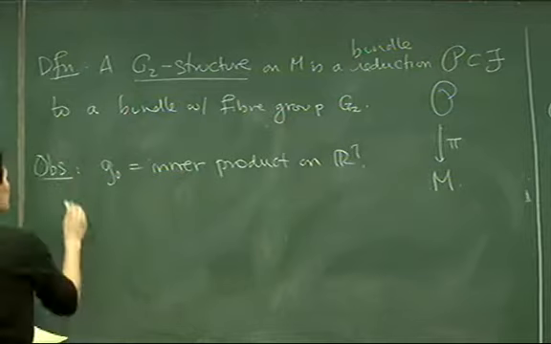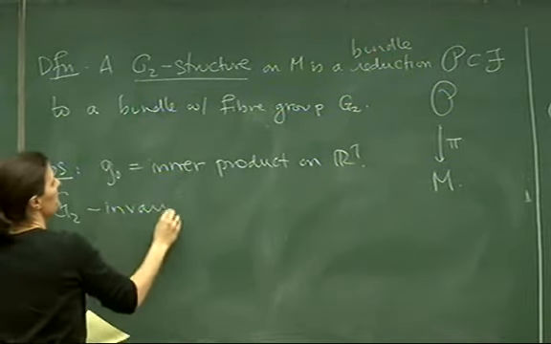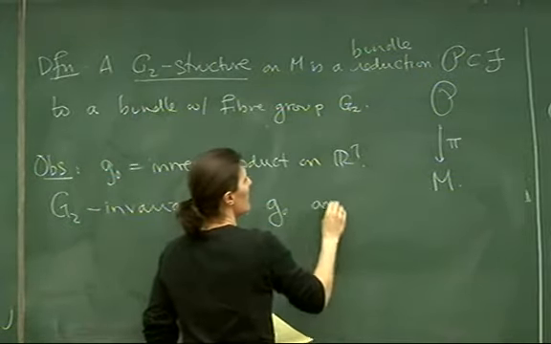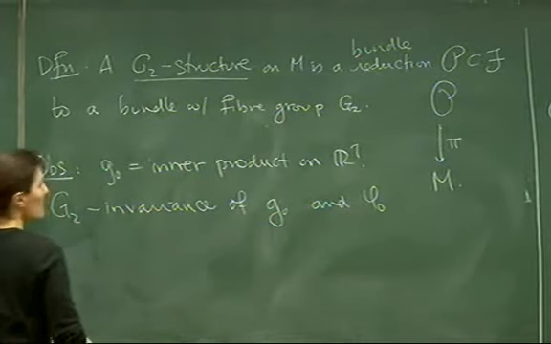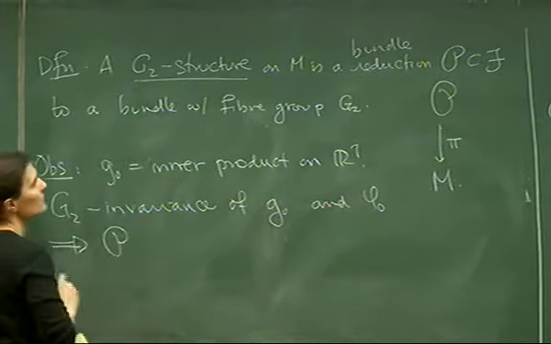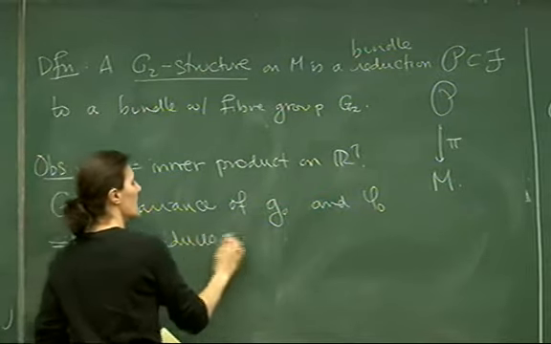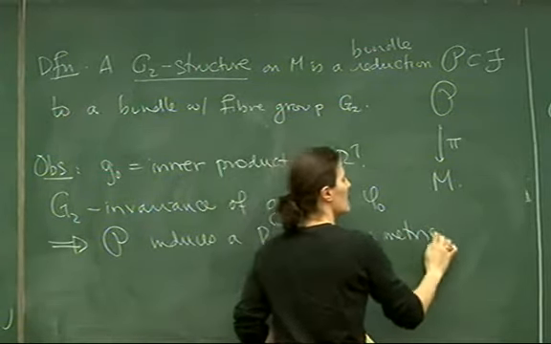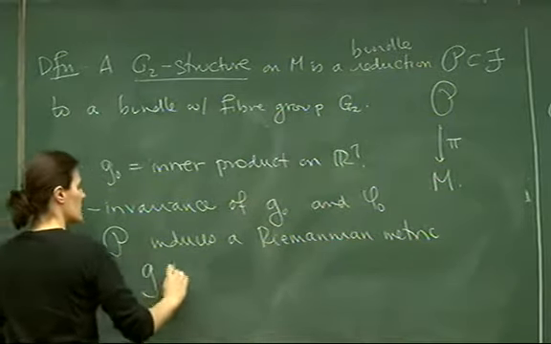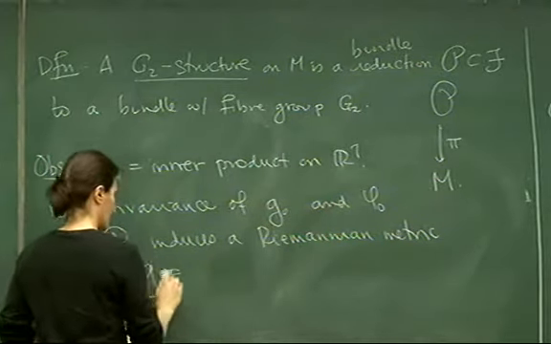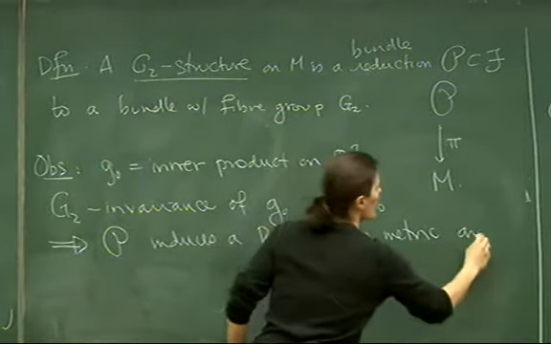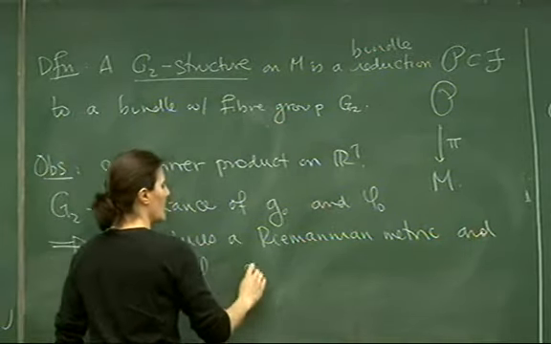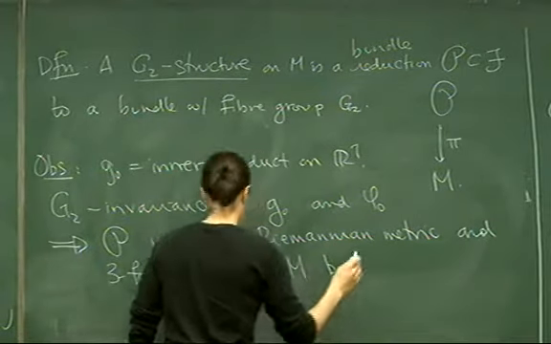And as Vincent points out, the G2 invariance of both the inner product on R7 and phi naught imply that this G2 structure P induces a Riemannian metric g and three-form phi on M as follows.